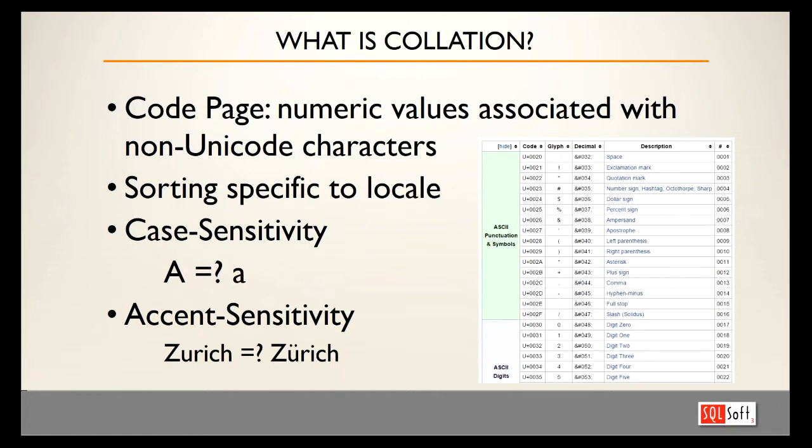So the 7-bit characters are pretty much all going to be the same, but when you start getting into the 8-bit characters, then you will have changes, and many of those are going to be accented characters, or characters that have other diacritical marks associated with them, such as umlauts.